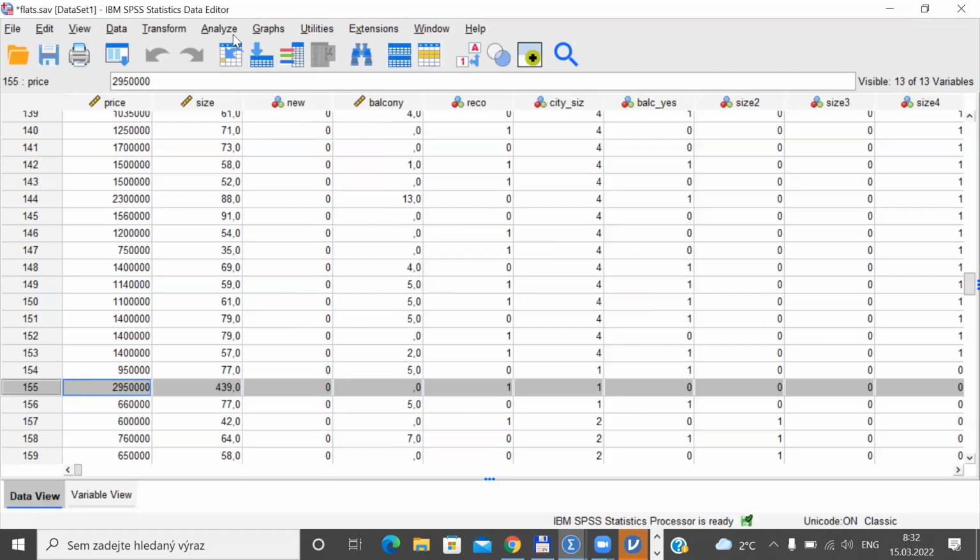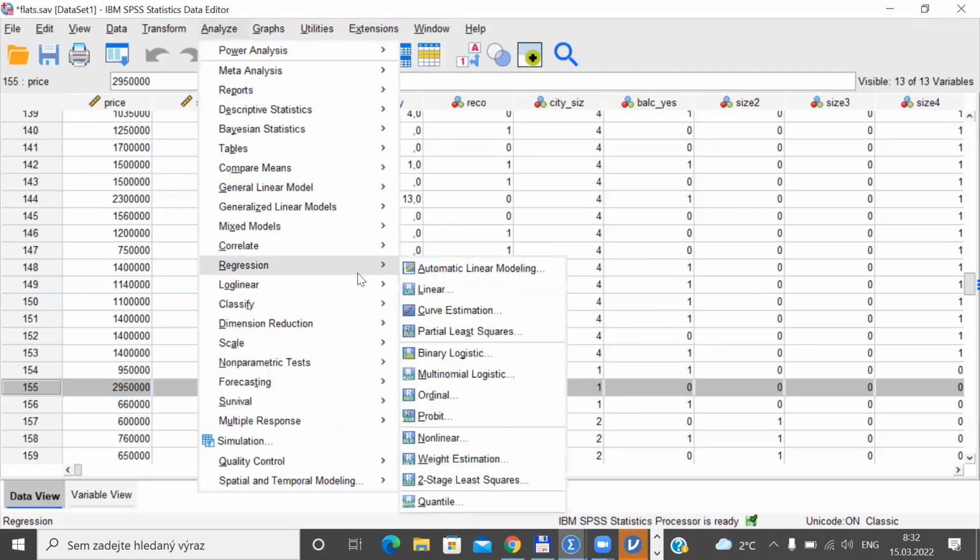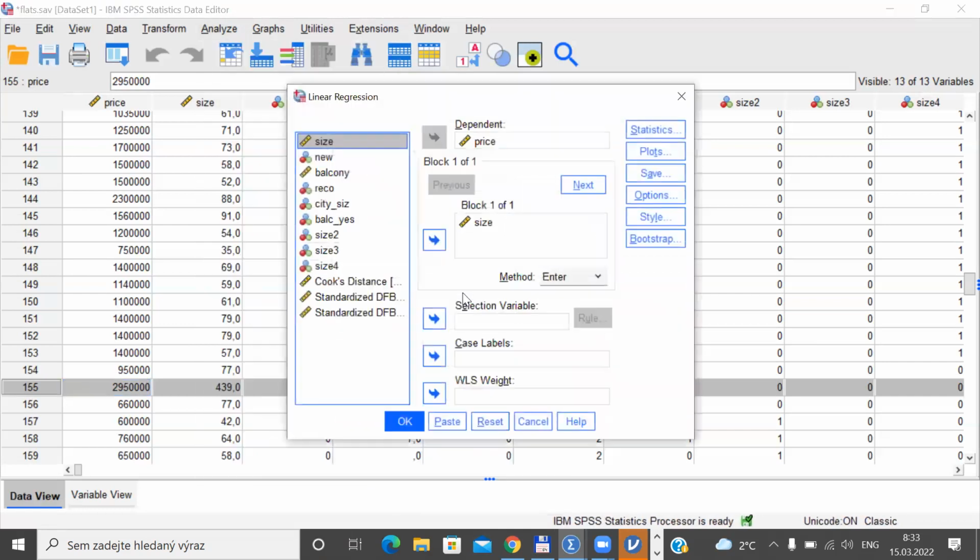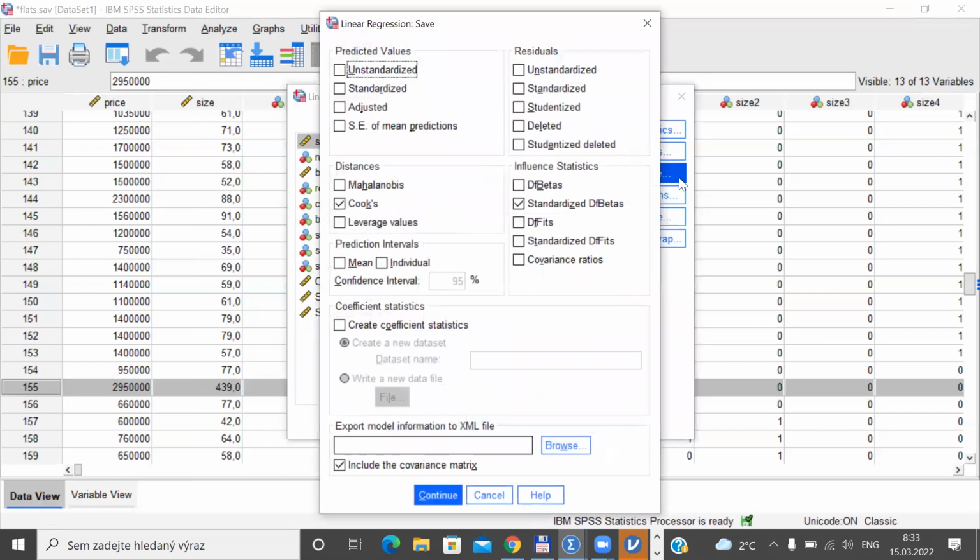So if I go once again into the regression dialog, Analyze, Regression, Linear, I will once again go into Save. First of all, please cancel standardized DFBetas and Cook's distance, as we would have duplicates of previous columns. And if you would like to save residuals, you can see a lot of options here in the SPSS environment.